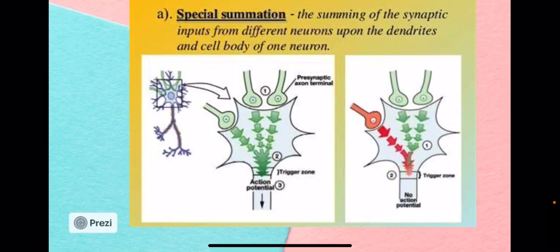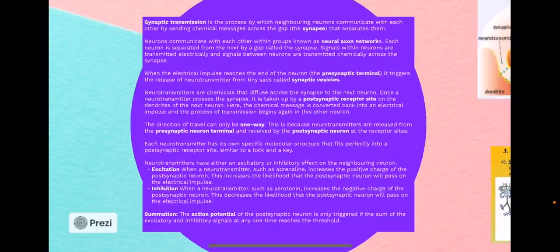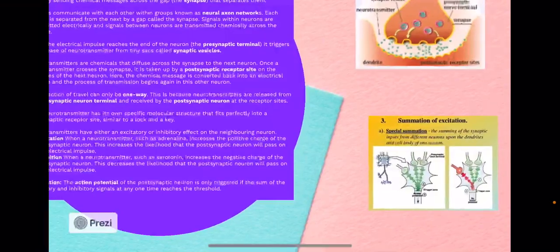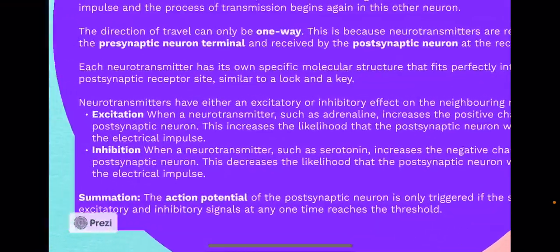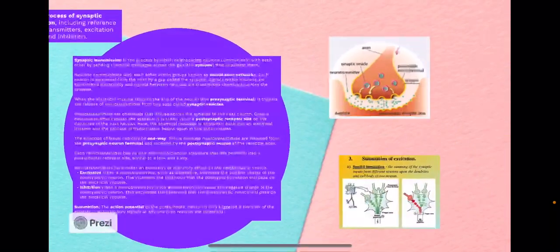The action potential will be high enough to pass the threshold, and the message will either pass on or it will be inhibited, according to whether it's an excitatory neurotransmitter or an inhibitory neurotransmitter.